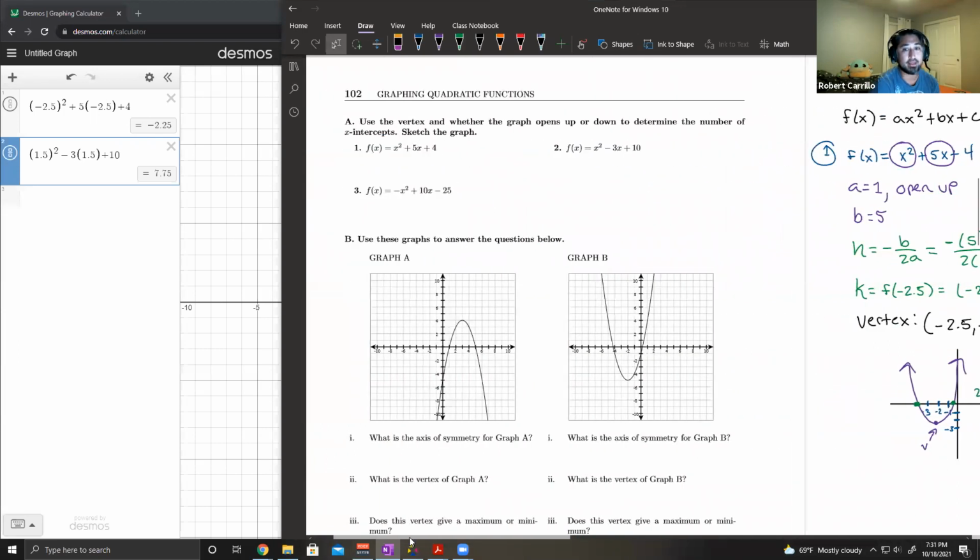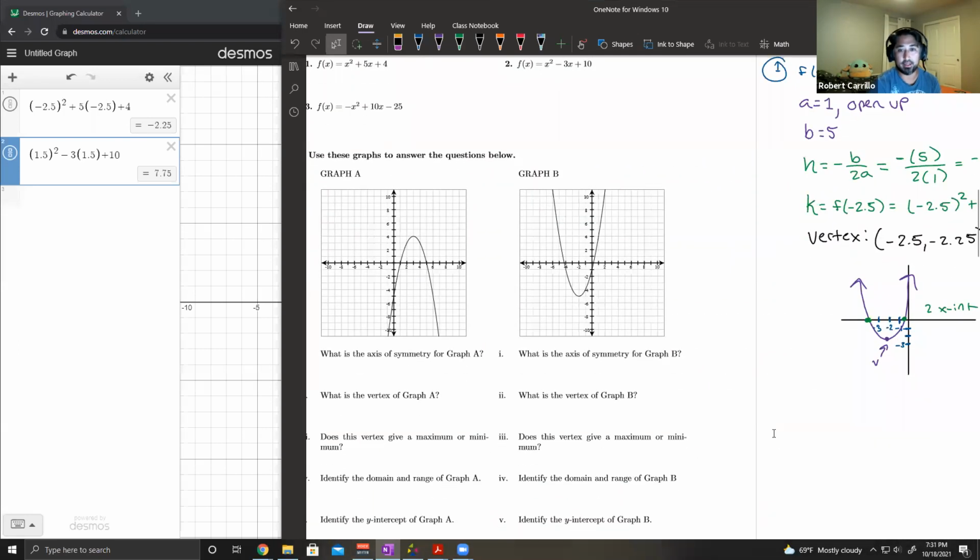We have negative x squared plus 10x minus 25. Let me write that real fast. Negative x squared plus 10x minus 25.